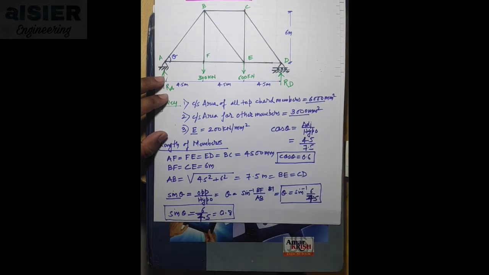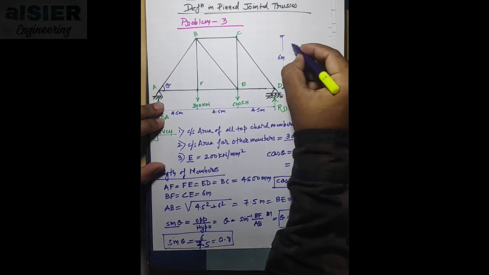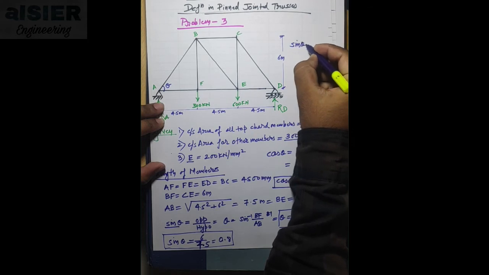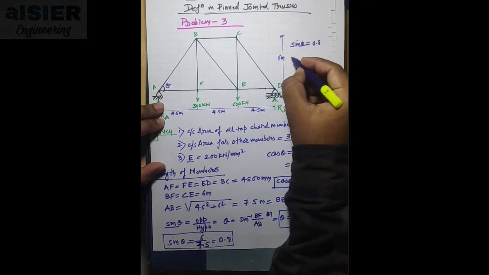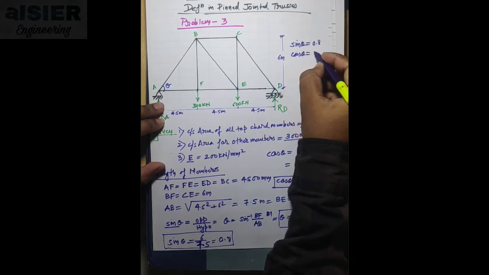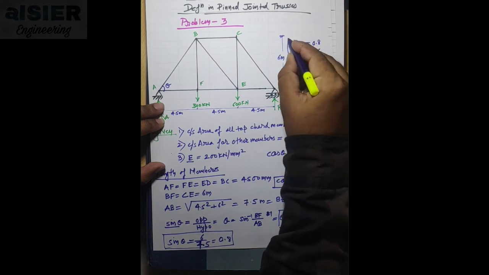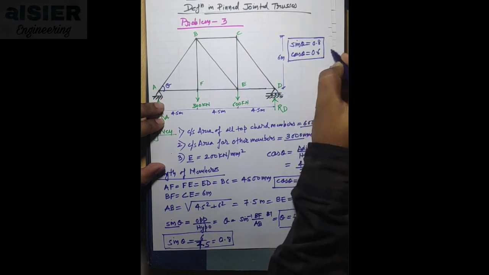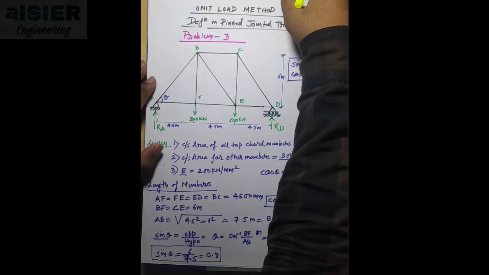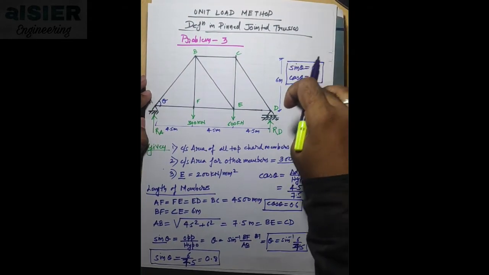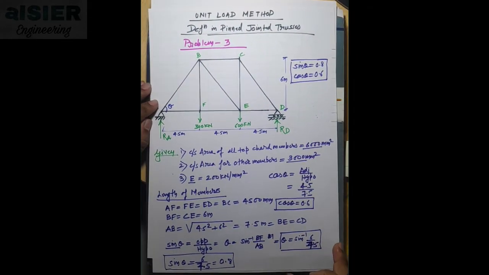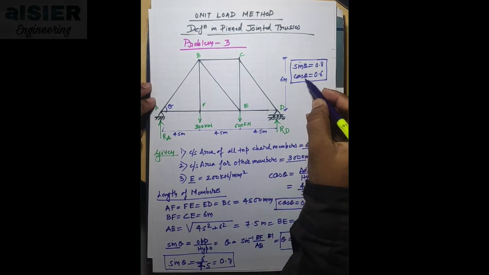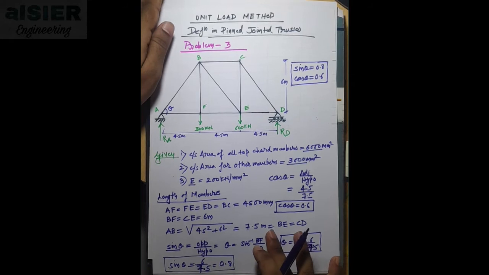So sine theta is equal to 0.8 and cos theta is equal to 0.6. We will use these values for calculation. Instead of calculating the theta value, we will directly use sine theta and cos theta, because while doing summation of Fx and Fy, we will come across sine theta and cos theta.